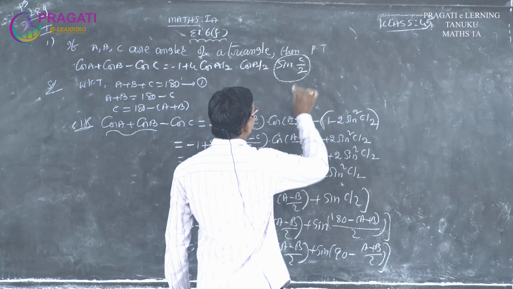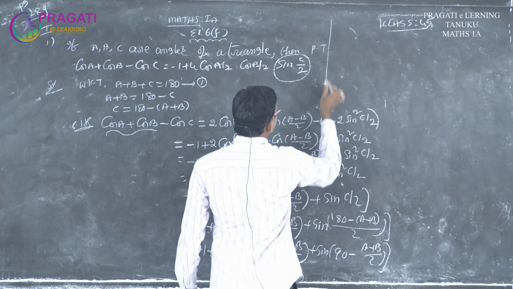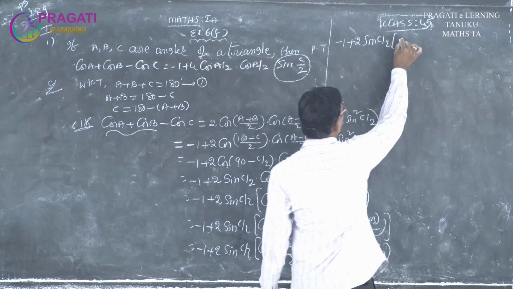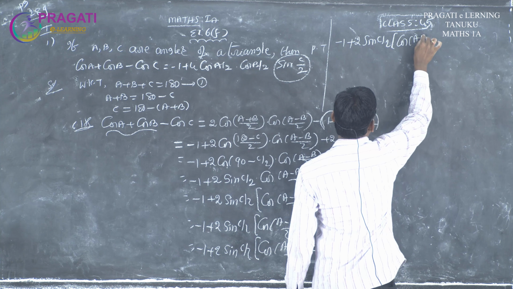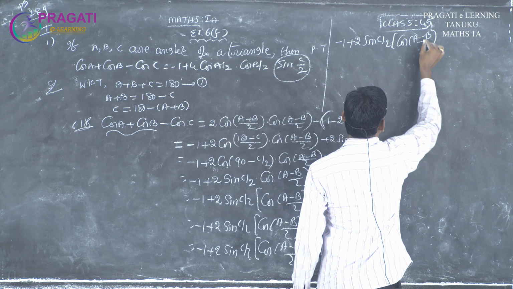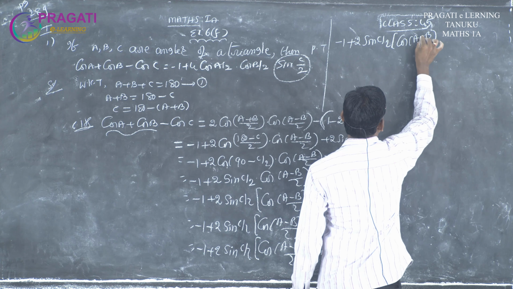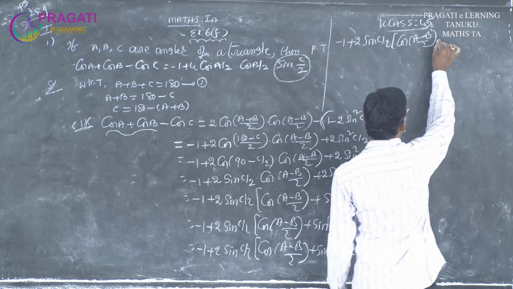So now minus 1 plus 2 sin C by 2 into cos of A minus B by 2, and the next one is 90, the function will be changed, that means plus cos of A plus B by 2.